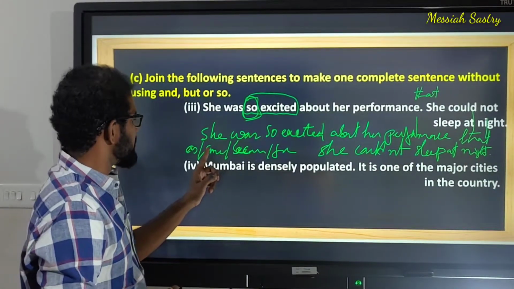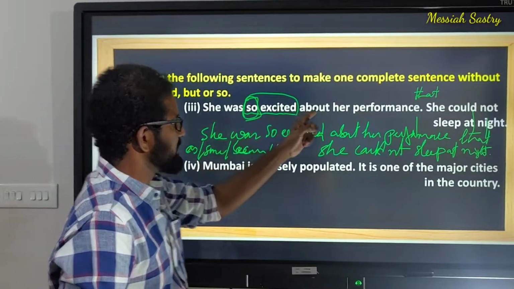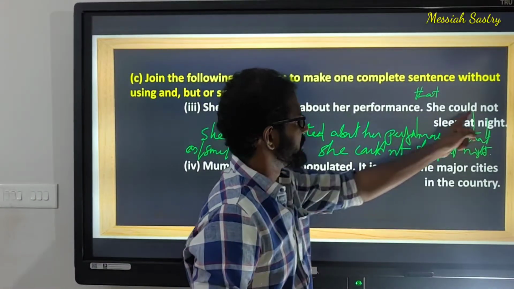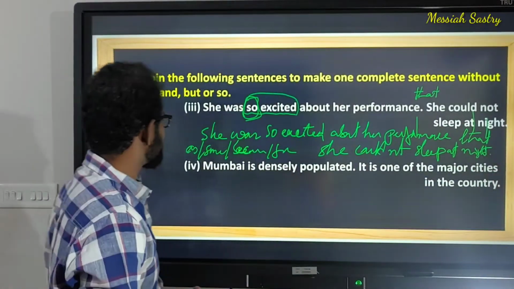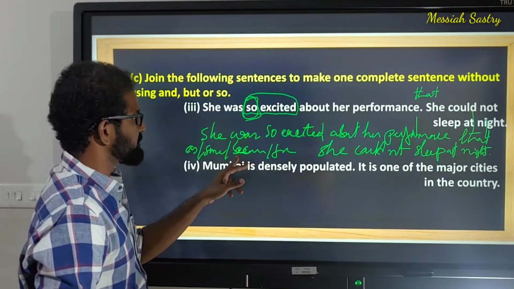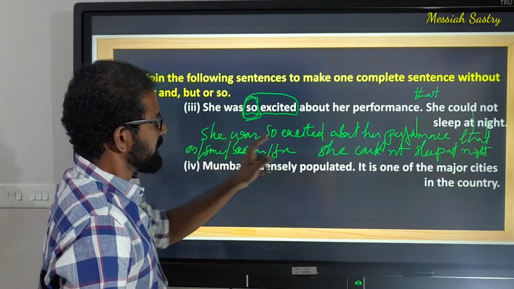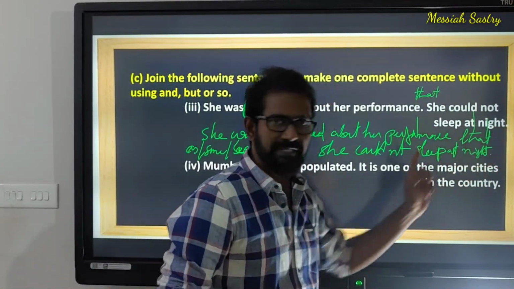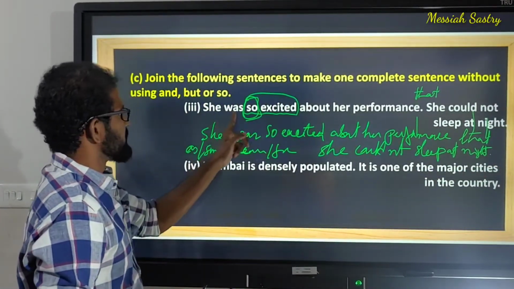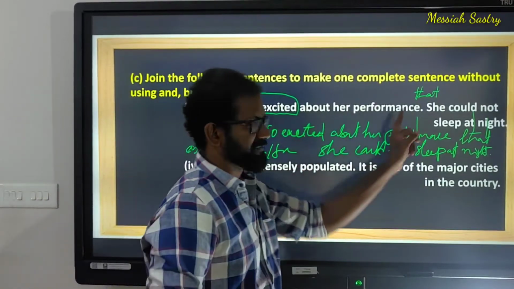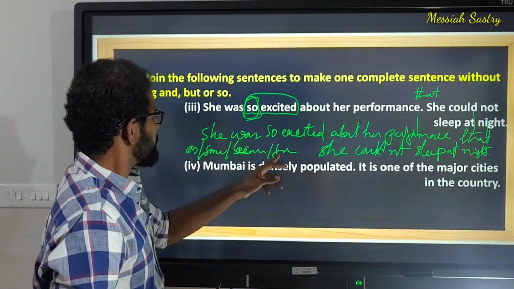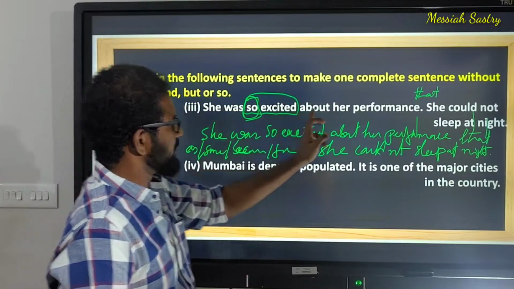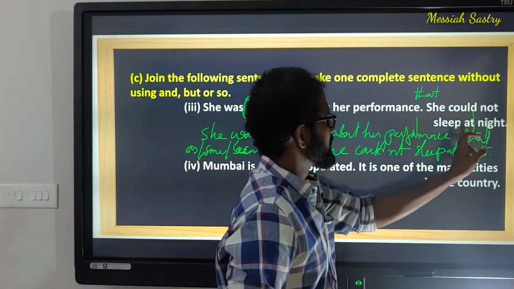Let us see with since. Since she was so excited about her performance, she could not sleep at night. Let's see with because. She could not sleep at night because she was so excited about her performance. For she was so excited about her performance, she could not sleep at night.